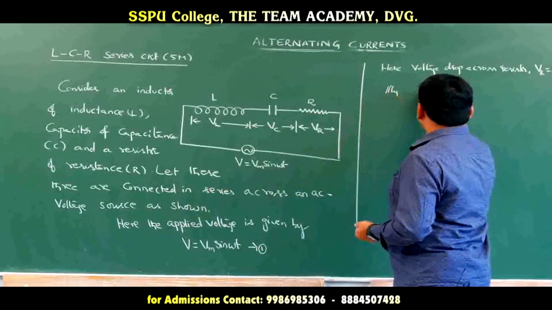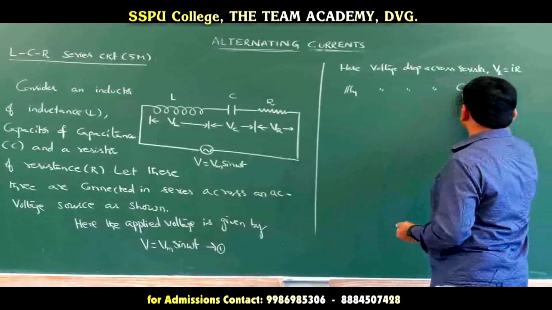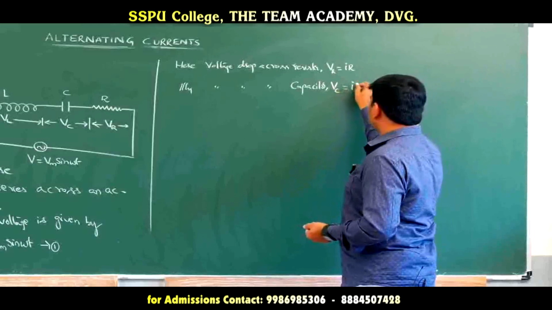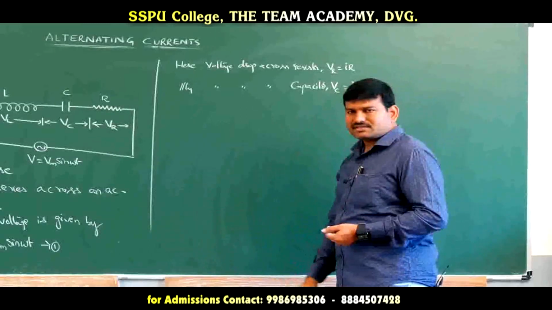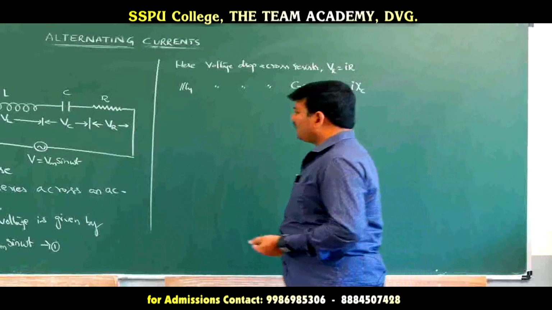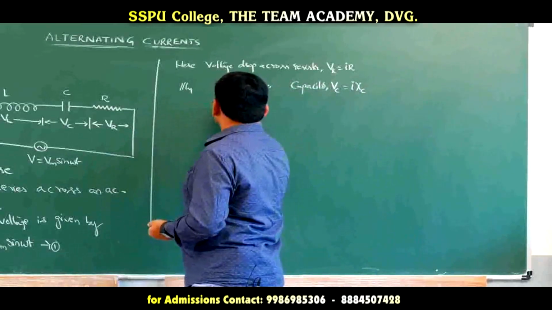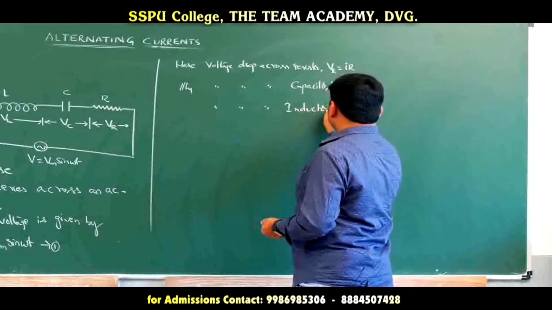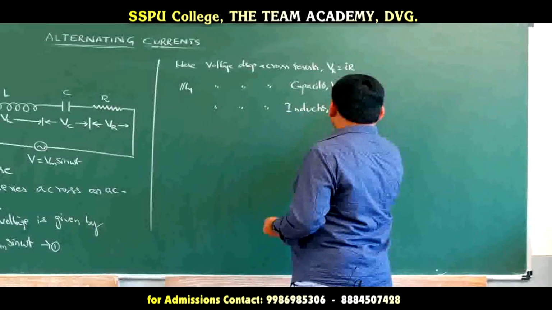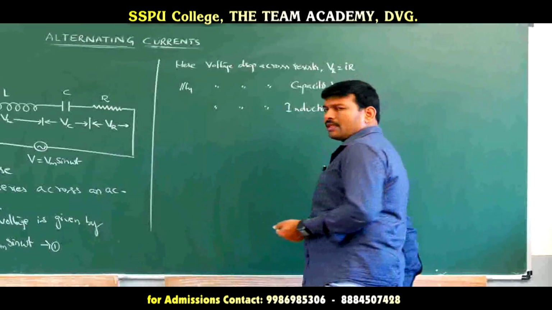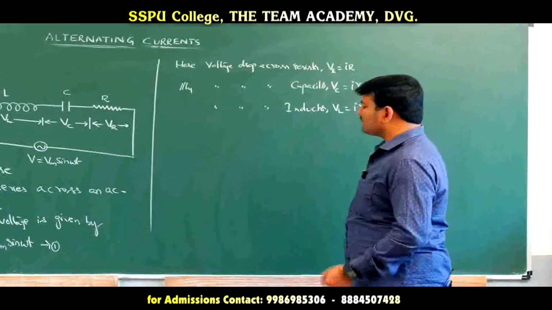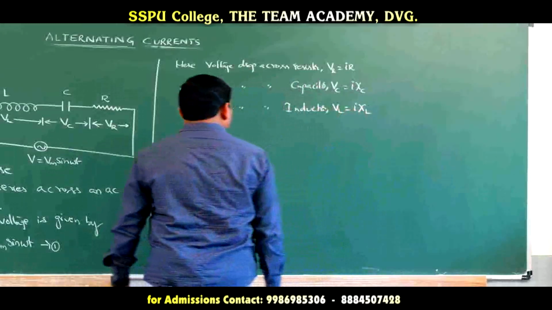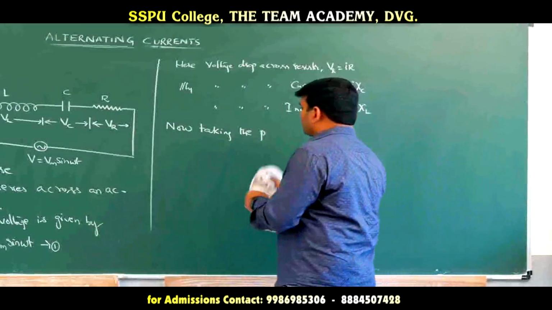Similarly, the voltage drop across the capacitor is VC = I χC, and the voltage drop across the inductor is VL = I χL, where χL = ωL and χC = 1/ωC. Yes or no? Now apply the KVL for this.